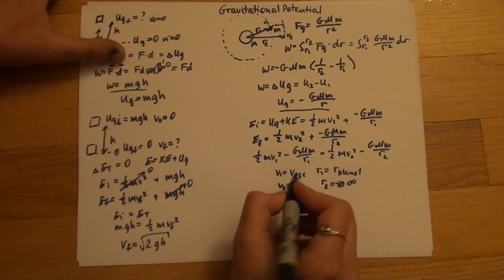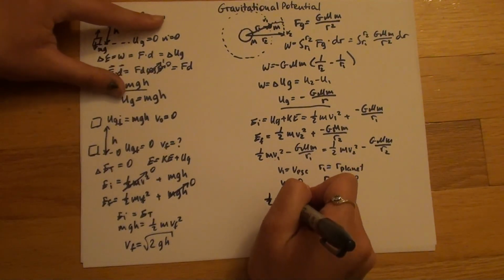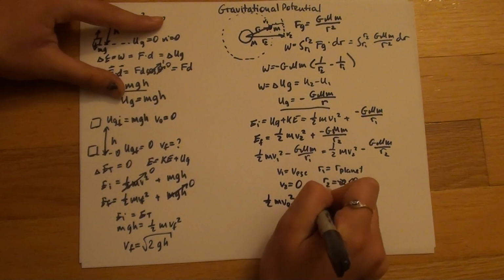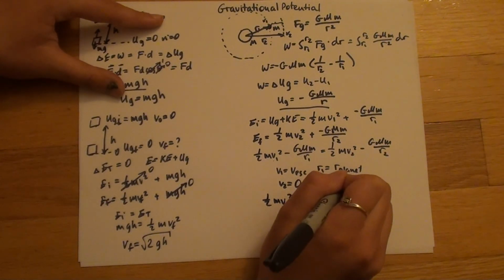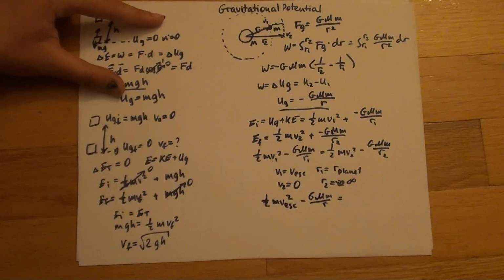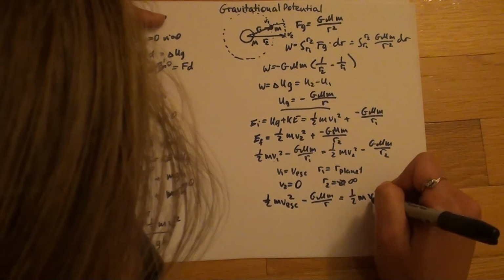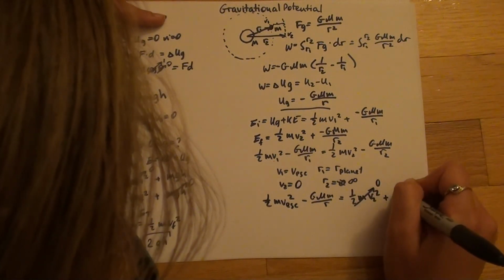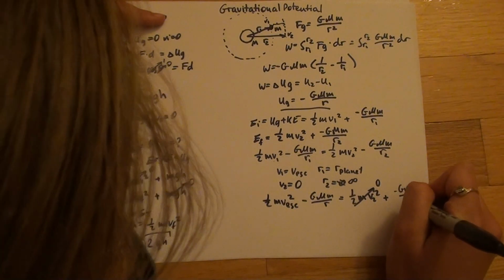So we can say that 1/2 m v escape squared minus GMm over r will equal 1/2 m v2 squared, which is 0, so this will be 0, plus negative GMm over r2, which is infinity.